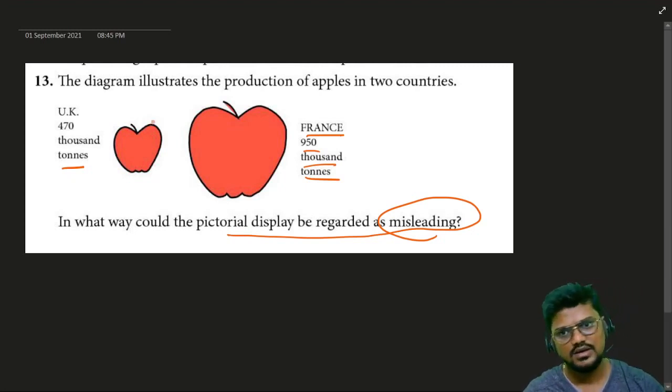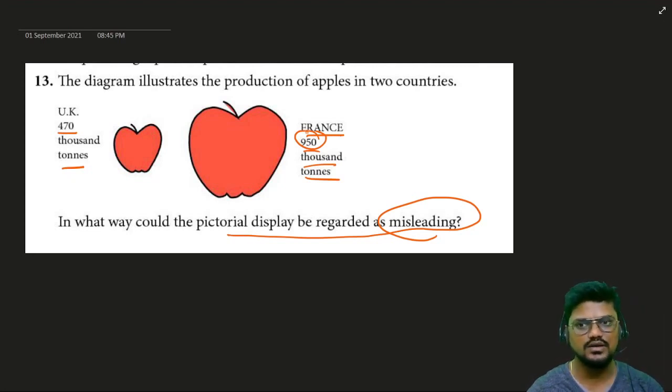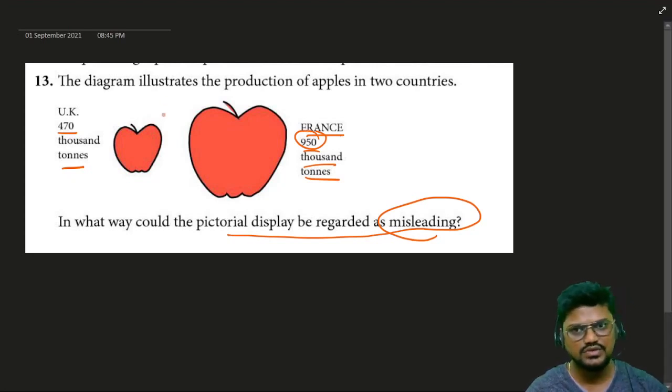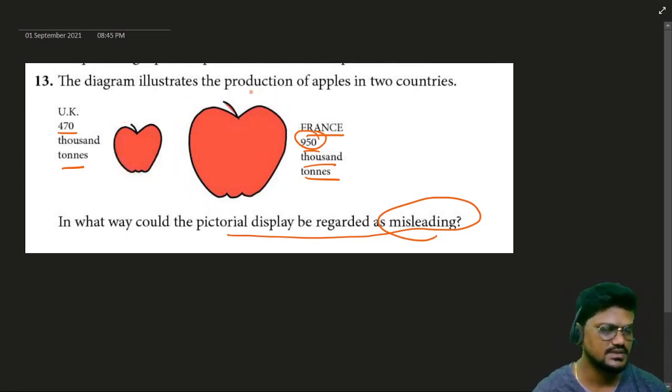See, over here it is 470 and it is 950, which is double plus 10. But even if you see this apple and this apple, it is more than double the size. I think it looks triple the size.